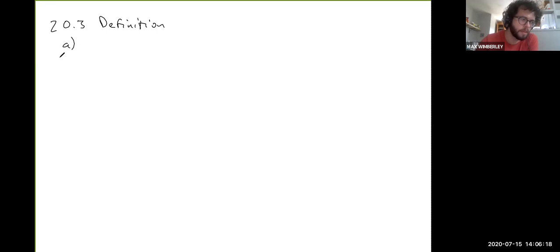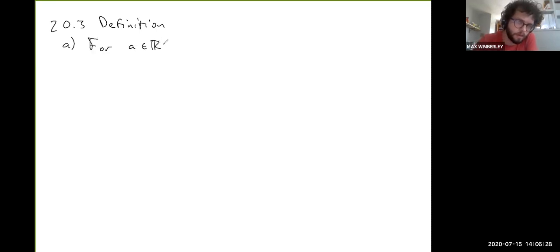So let's go ahead and define the familiar types of limits. This is definition 20.3 now. We can conveniently use the definition we just made to knock out all of these limits.